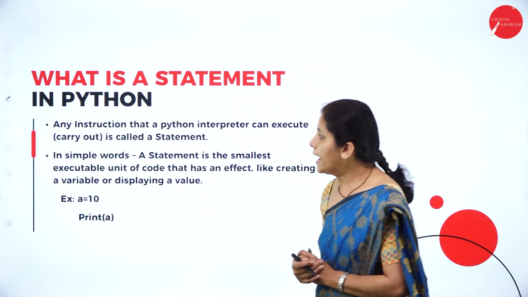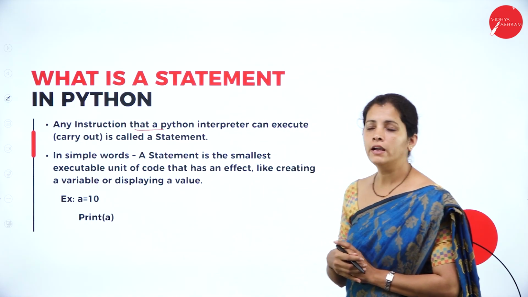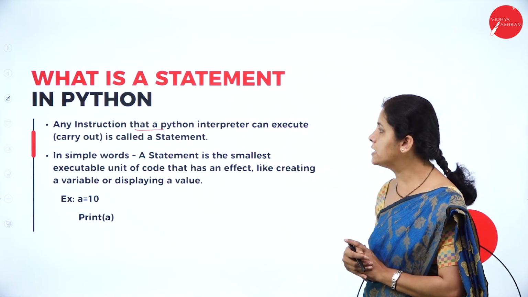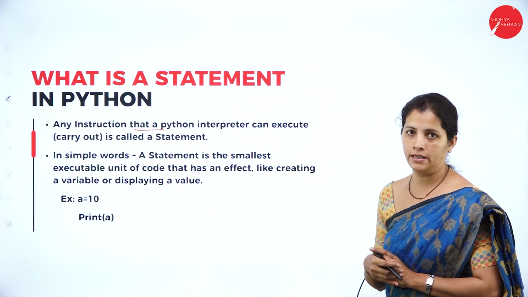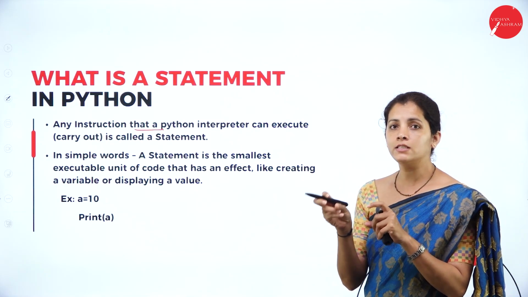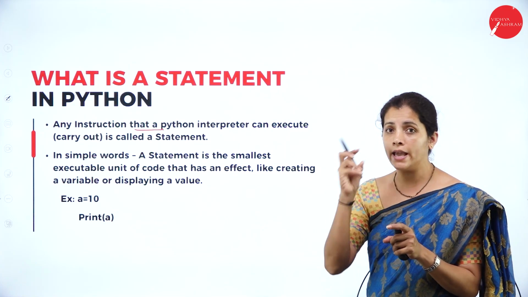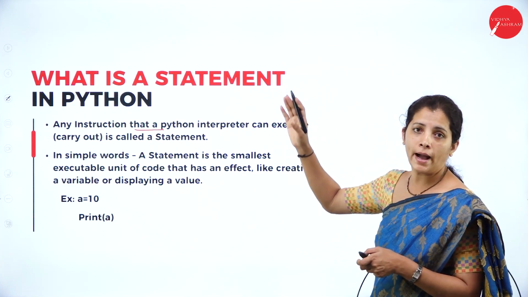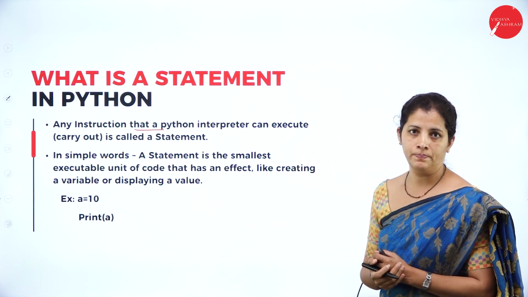Any instruction that a Python interpreter can execute is called a statement. So, instructions are nothing but statements. Any number of instructions that can be executed by the Python interpreter is known as a statement.